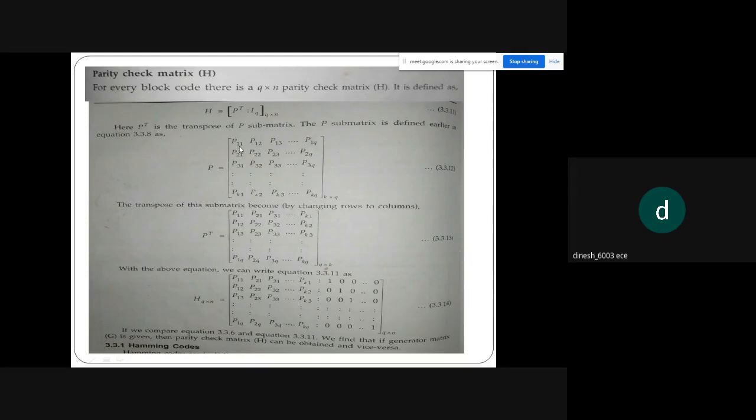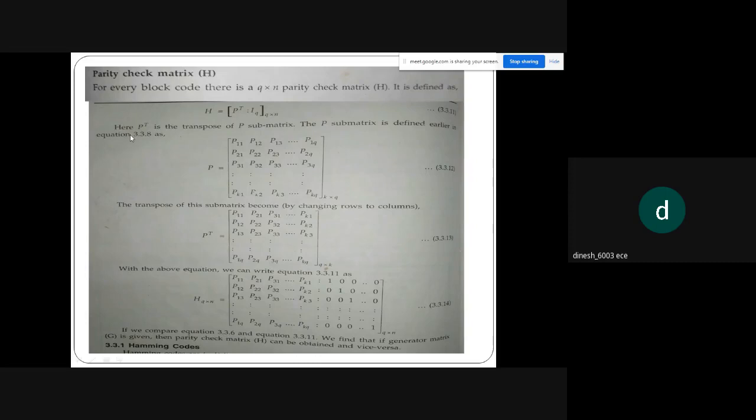This column extends till Pk1, this extends till Pk2, this extends till Pk3, till Pkq. So this is your P submatrix depending upon the k and q values.